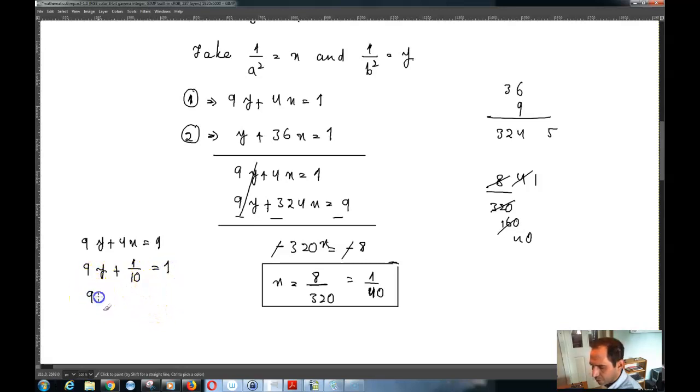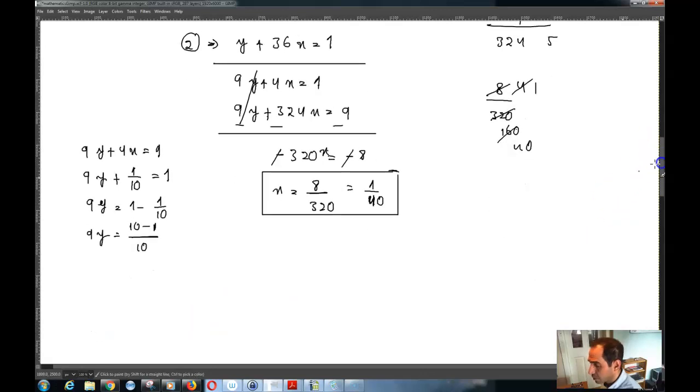And then 9y is equal to 1 minus 1/10, which is equal to 9/10. So 9y is equal to 9/10. And so basically y is equal to 9 divided by 90, which is equal to 1/10. So y is equal to 1/10.